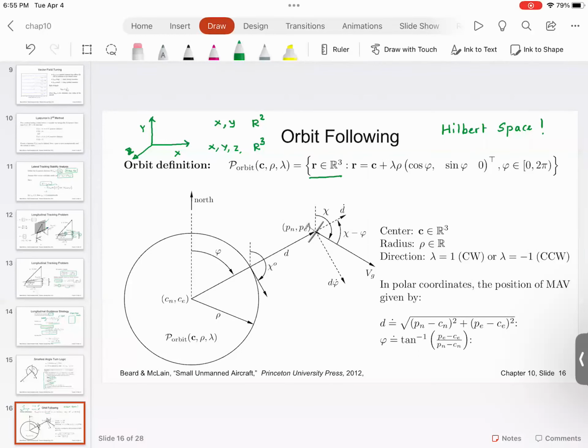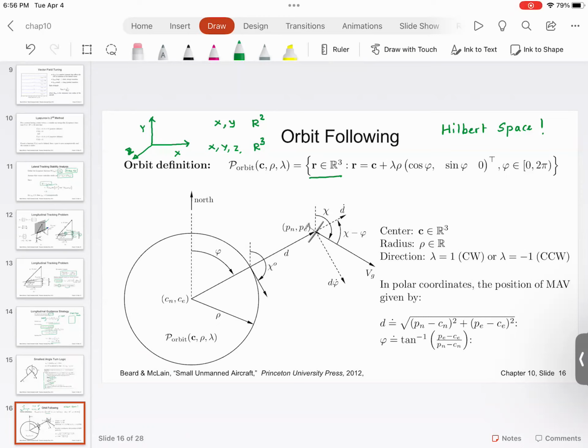What it means is, as long as you go beyond R4, R5, R6, the spaces that we define are Hilbert spaces. And that is the loose definition, but to define it as a vector space, you need to meet certain mathematical definitions of vector spaces.